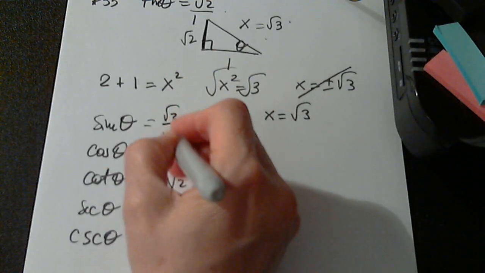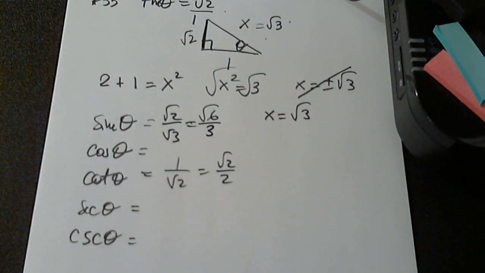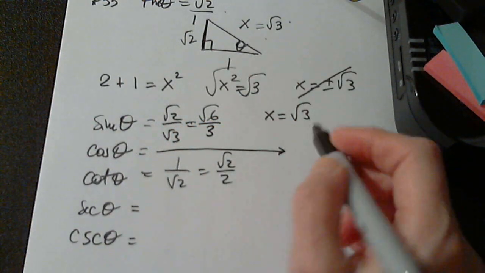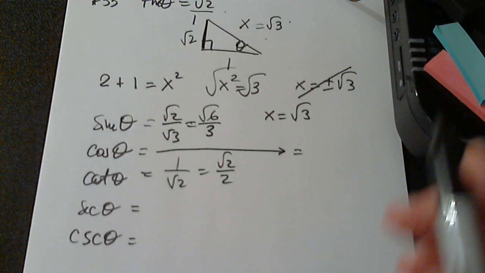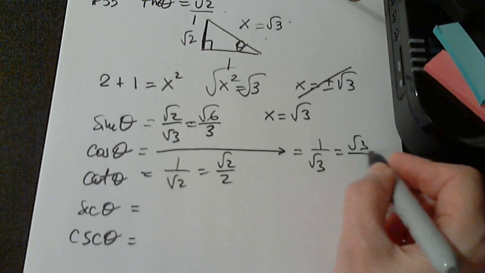Thank you very much. We rationalize: the square root of 6 over 3. Perfect. Cosine. Can anyone give us cosine? I'm going to write it here because I don't have enough room. One over the square root of 3. Yes, indeed, 1 over the square root of 3, which is the square root of 3 over 3.